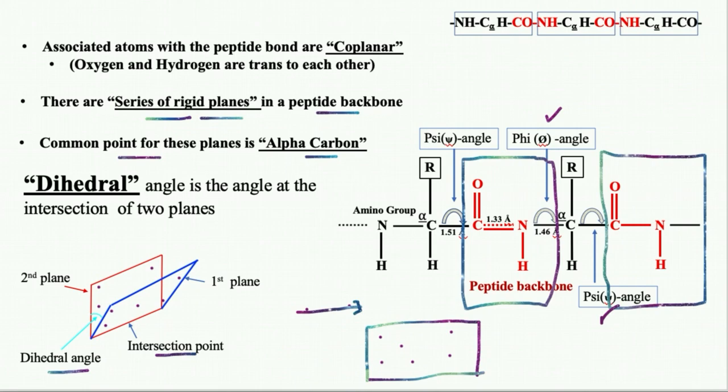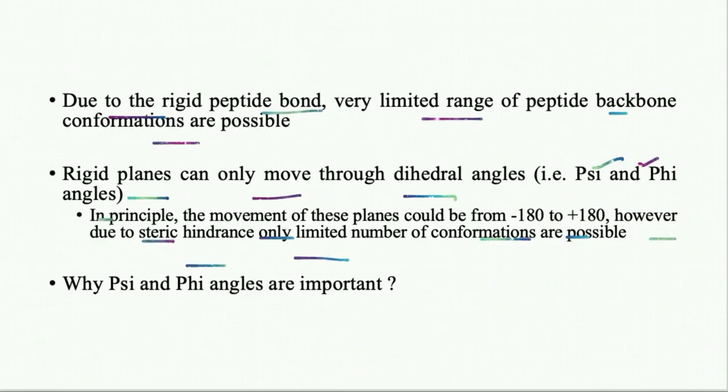Okay, so one important point: the dihedral angle is also known as the torsional angle. As I said, the movement of rigid planes is very restricted due to steric hindrance. So these rigid planes can't even move freely as it seems.